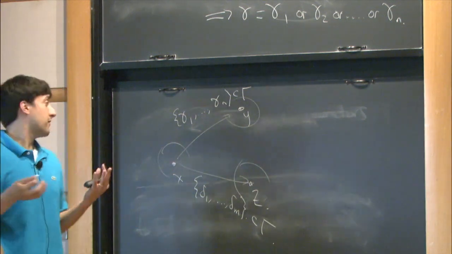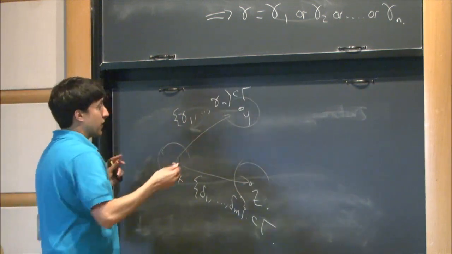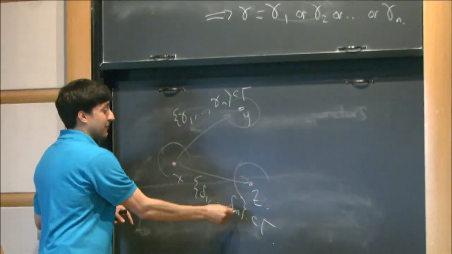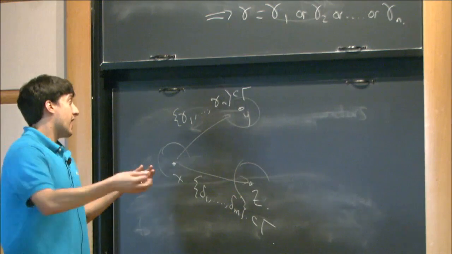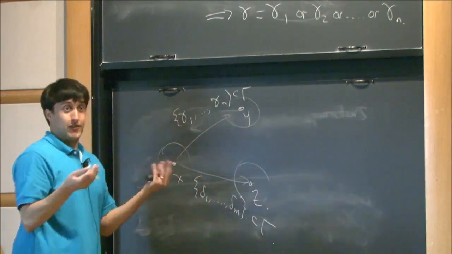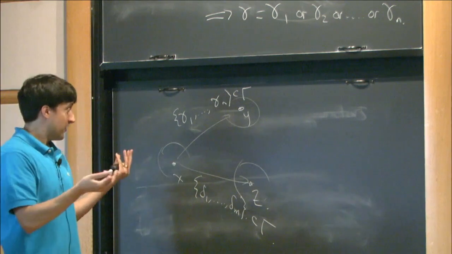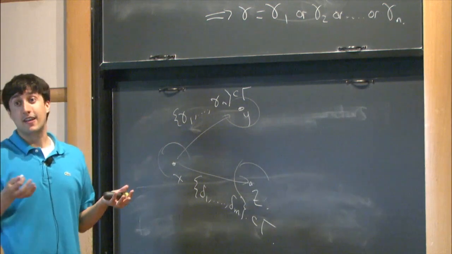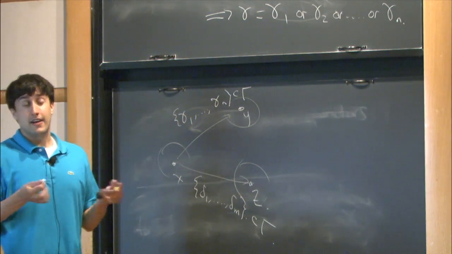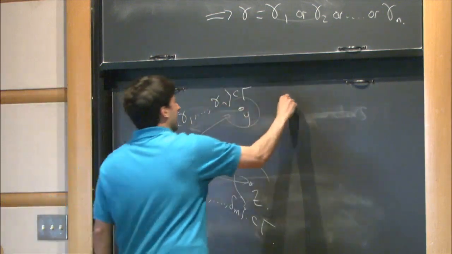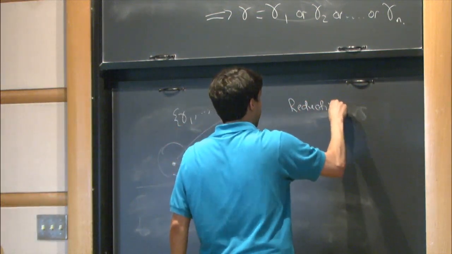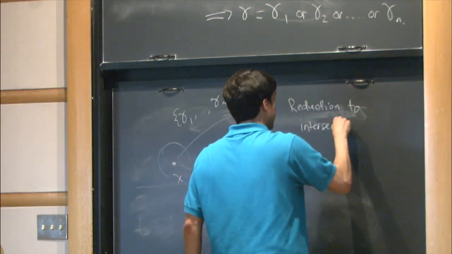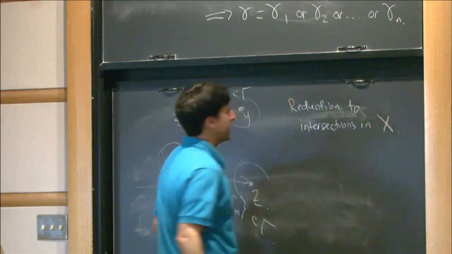You can convince yourself quite easily that these balls in the quotient have a common intersection point if and only if, among these n times m different possible triples of balls in the symmetric space, one of those triples has a common intersection point. If none of them does, then the 3 balls don't intersect in the quotient. So step 1 was reduction to intersections in X.